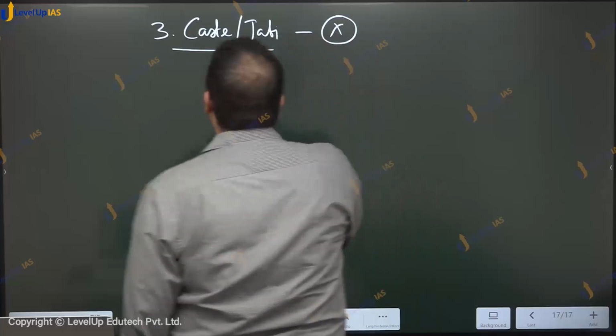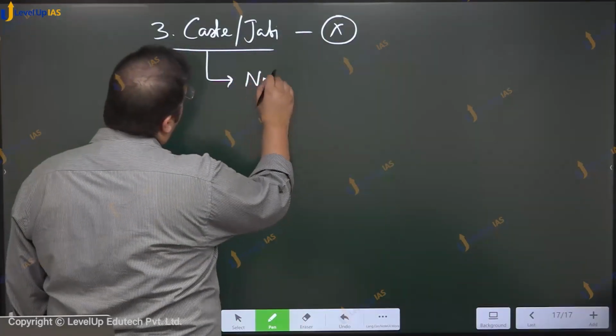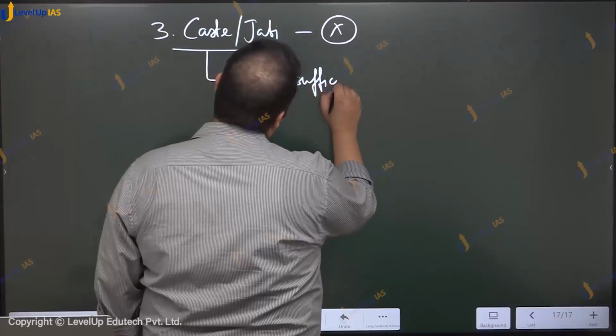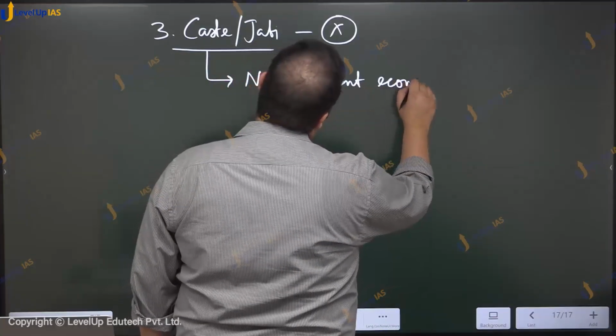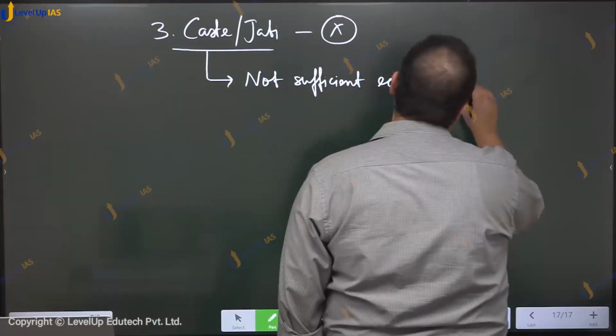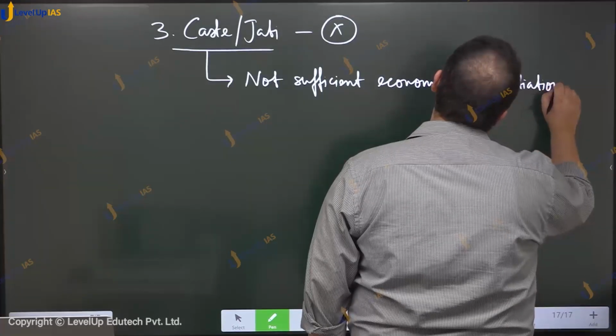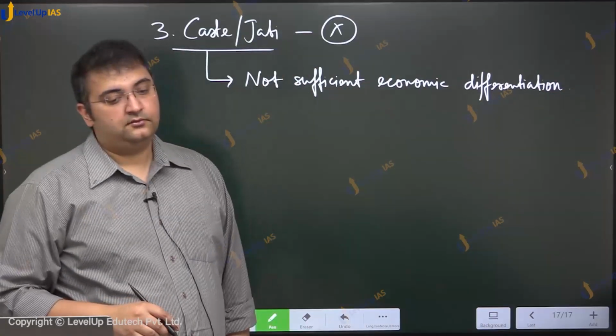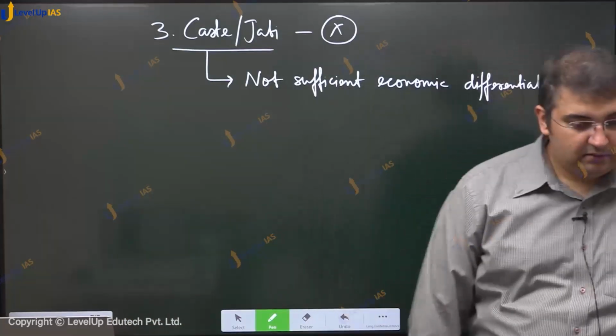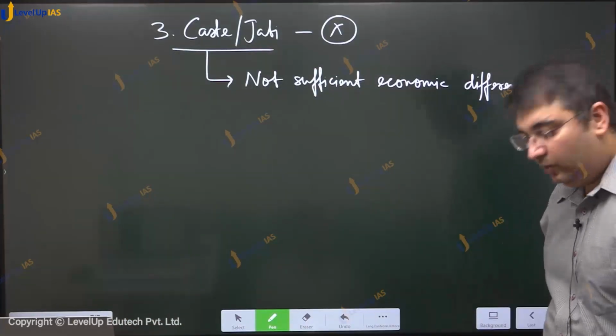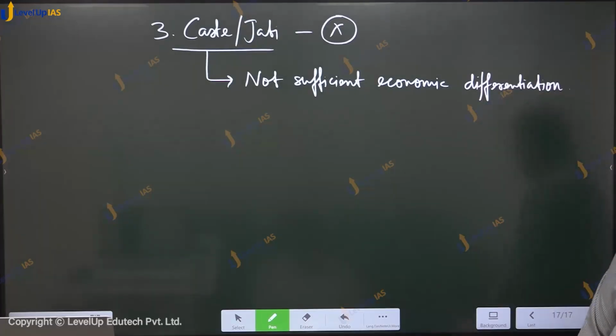So, reason क्या है इसका? There was not sufficient economic differentiation. And what is the general purpose of caste? To increase differentiation or to decrease differentiation? Increase differentiation, increase the distance between the upper and the lower, right? And what was the basic nature of the Varna society, of the Vedic society?